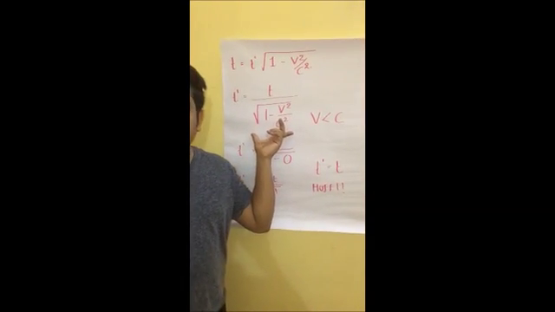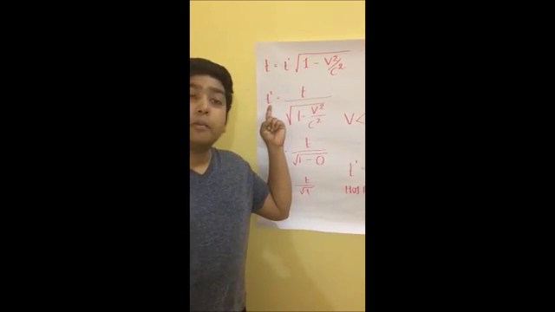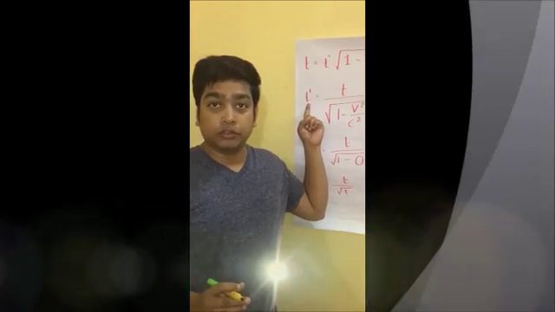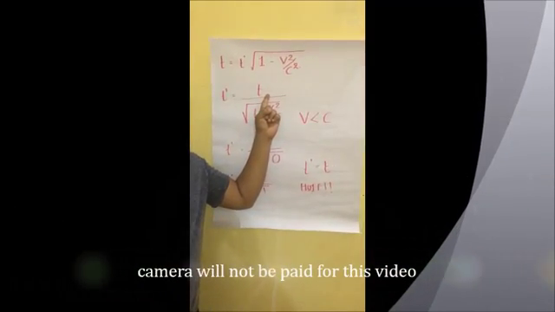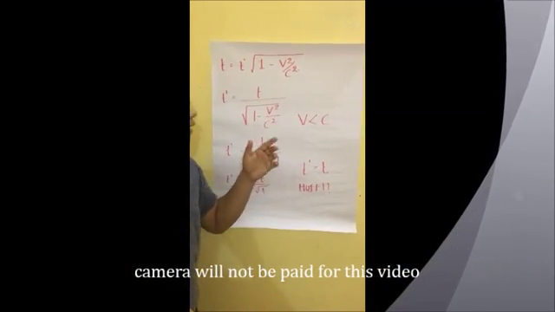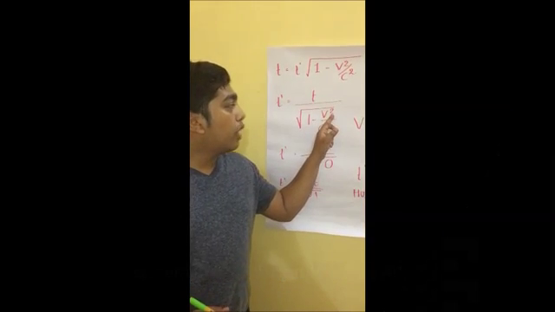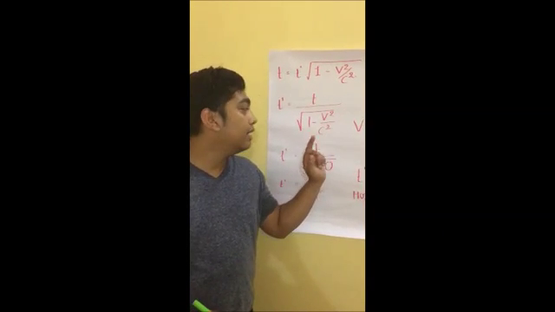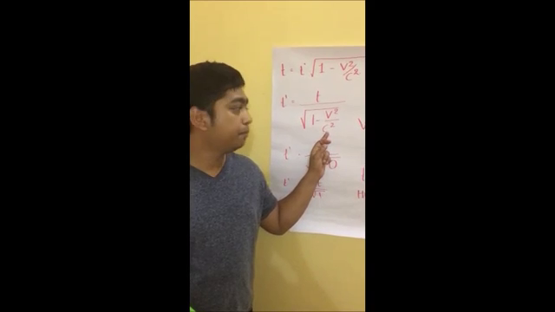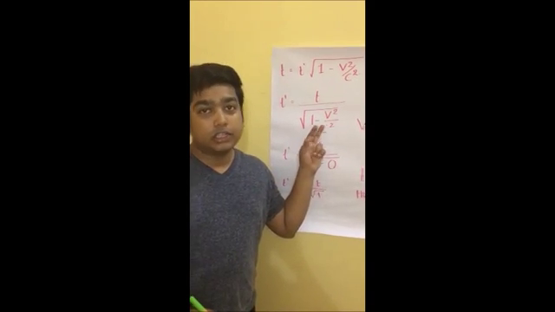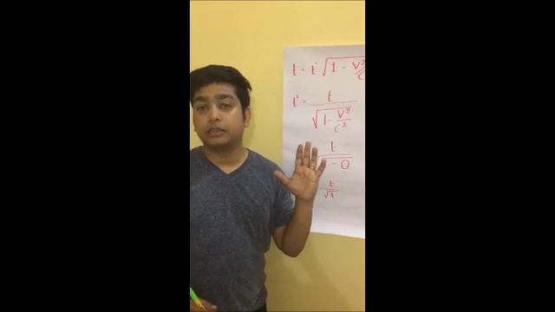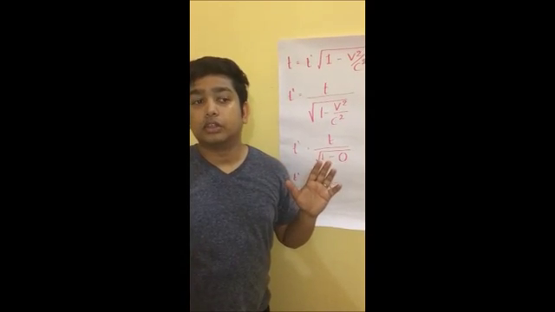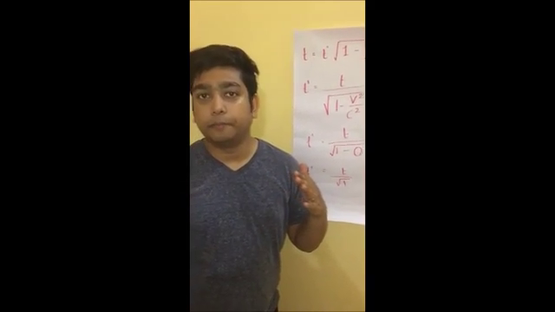I will explain this equation. This t prime is the time which a stationary body is observing. This t is the actual time in a moving body, v is the velocity and c is the speed of light. We all know that the speed of light is the maximum speed in the universe, and we cannot reach that speed.